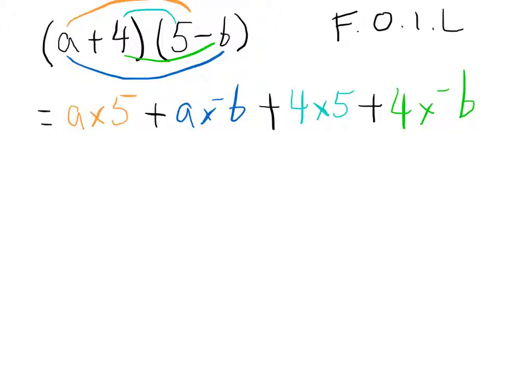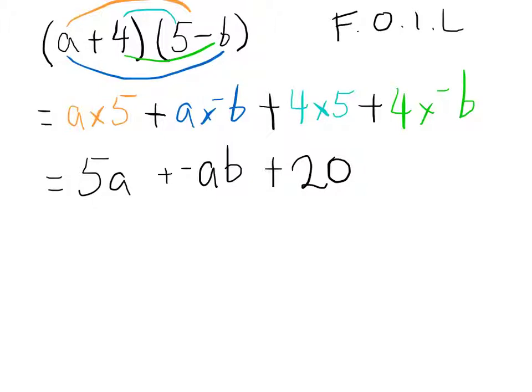So this all comes down to 5a plus negative ab plus 4 times 5 is 20 plus negative 4 lots of b.